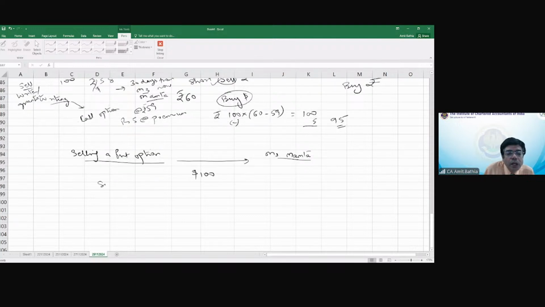Say the prevailing spot rate today is 58, and I'm telling Miss Mamta that I will buy $100 from you at rupees 59. 30 days from now is the period.